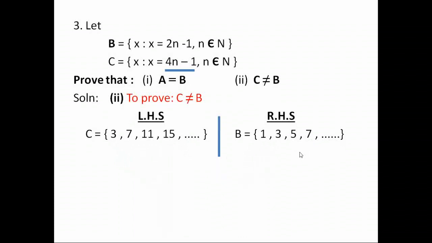They are not equal. So here LHS is not equal to RHS. So it means we can say that C is not equal to B. So set C is not equal to set B. We have proved. So we'll write hence proved. Is that clear?